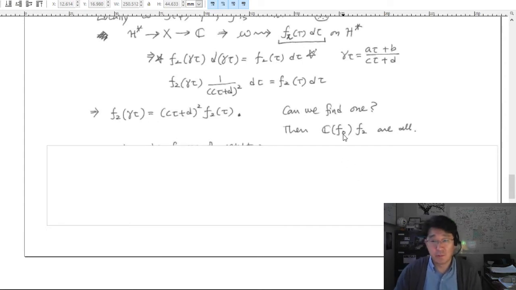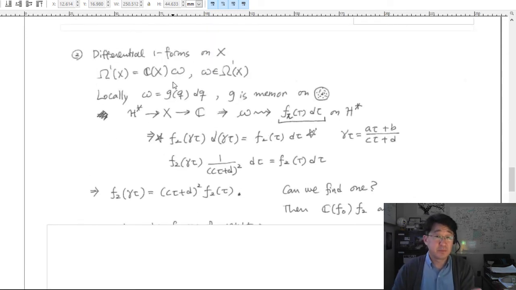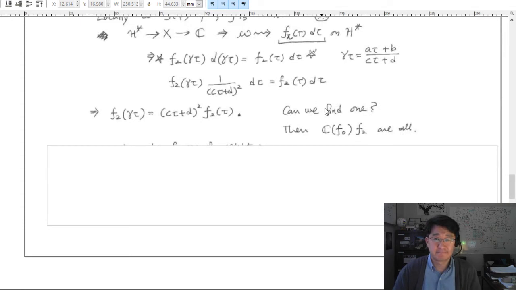So what is that? Once you have that, if we find this automorphic form, not automorphic function, of weight 2, that's what they call it, and all the automorphic functions of weight 2 are constructed in that fashion. It's because of this structure right here. All the differential forms are created by multiplying meromorphic functions in there.